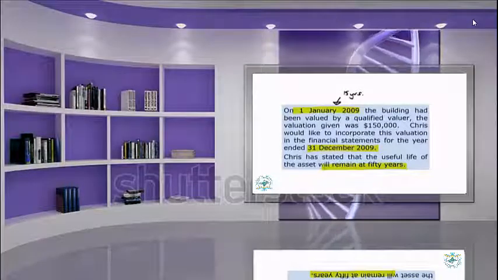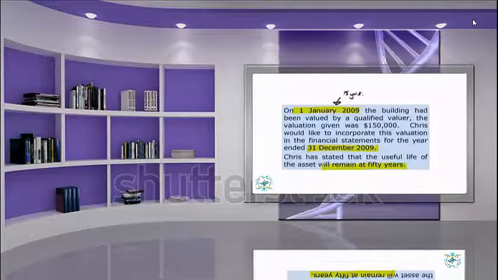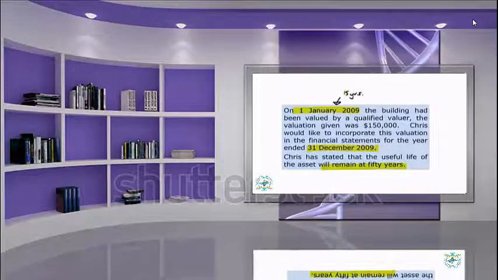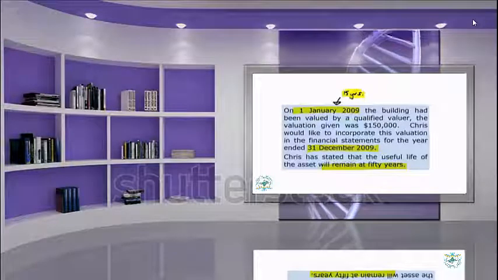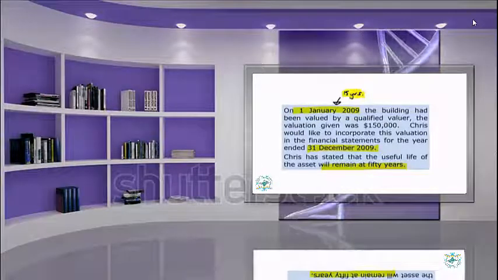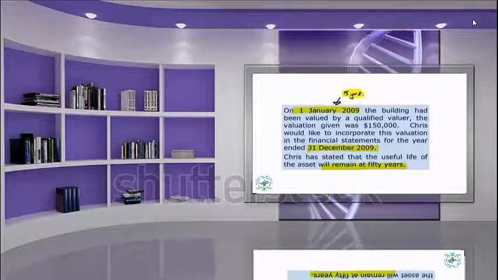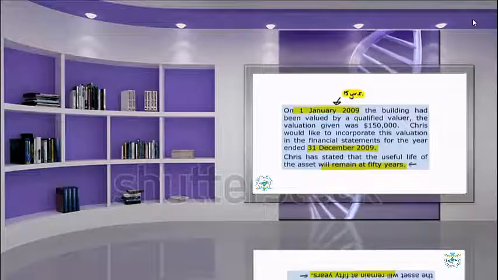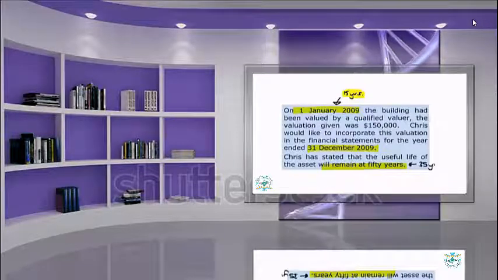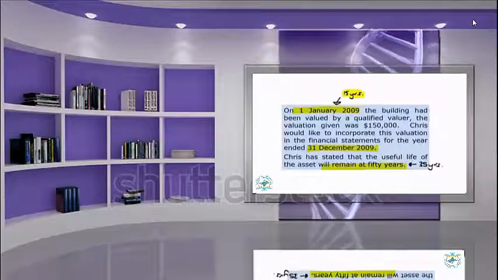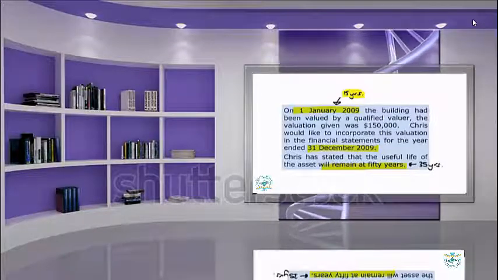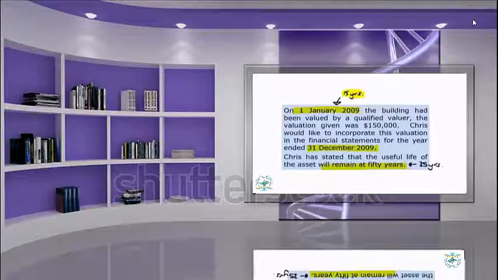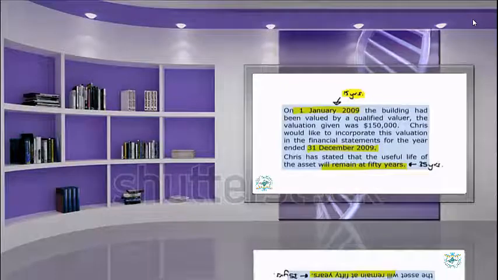So think about it. After the revaluation, the life of the asset will still be 50 years. But we've already depreciated the asset for 15 years. So when we're spreading the valuation of the asset, it's already had 15 out of the 50 years depreciated. So that would mean then that there's only 35 years left at the date that we revalue the asset. Okay, so that is going to be useful when we calculate our subsequent depreciation on the revalued amount.